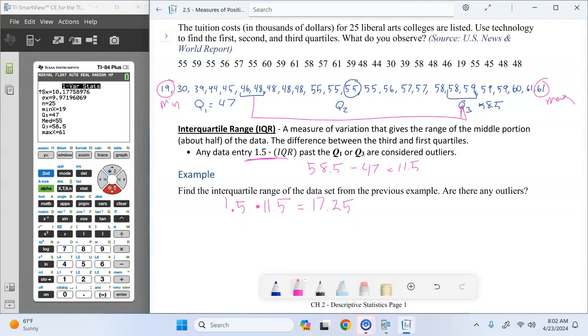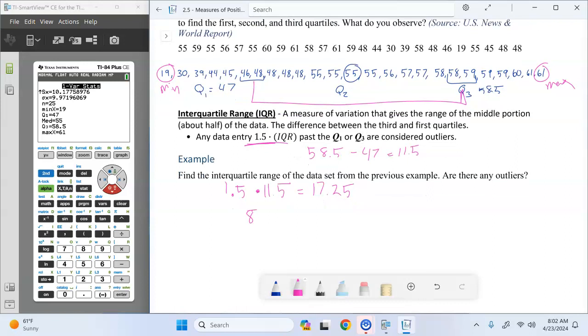So then we want to compare to see if I have any data values 17.25 above or below my Q1 or Q3. So I take Q3 and I say, okay, 58.5 plus 17.25, what does that give me? 75.75. Anything above that for this data set would be considered an outlier.